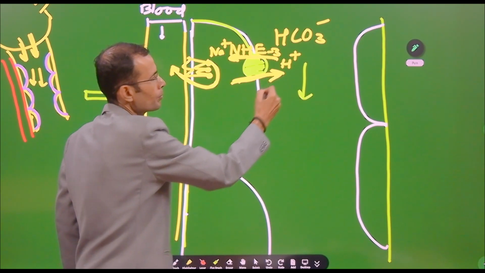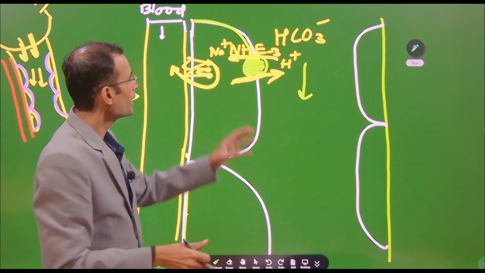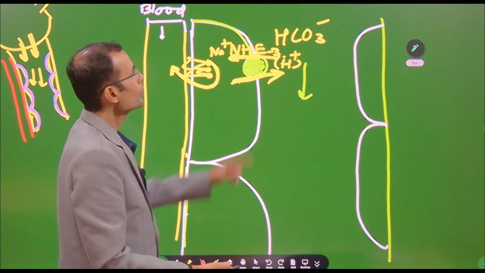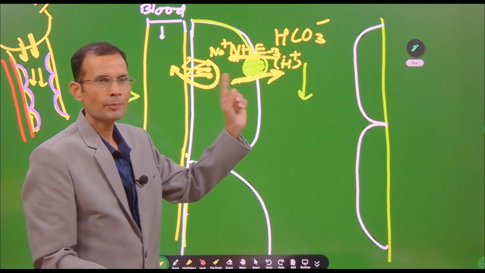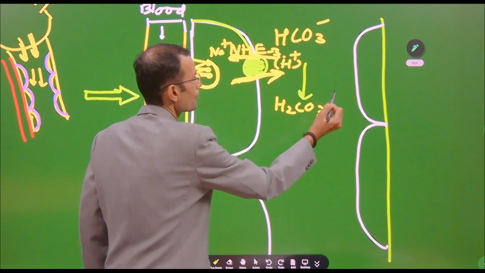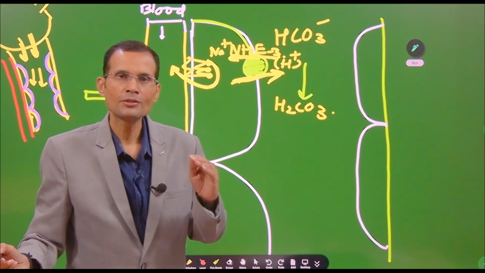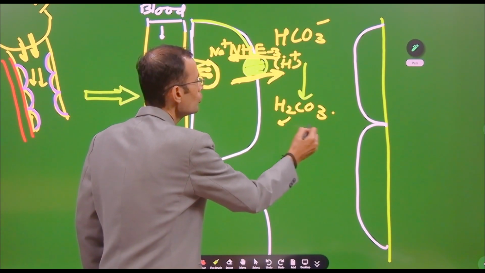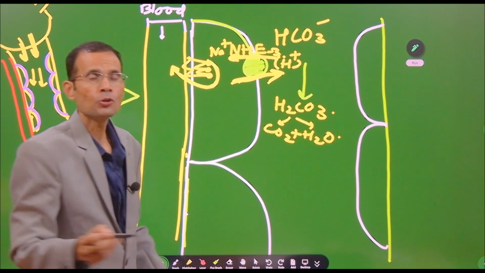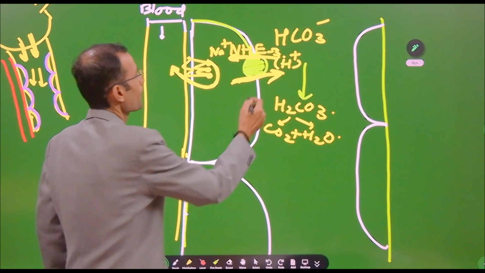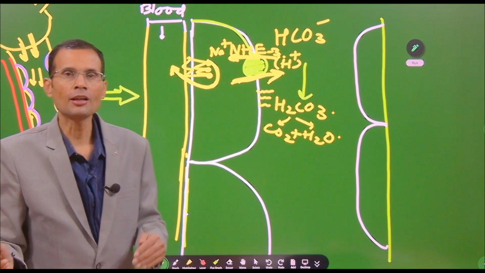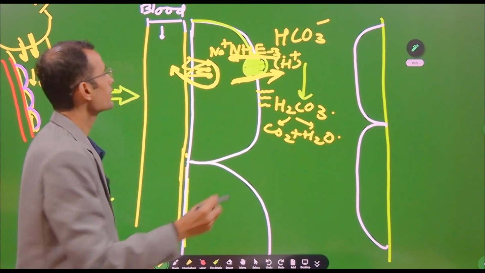Now the main focus is on this side. This H plus which was secreted will combine with the HCO3 minus, bicarbonate, to form H2CO3, and this will split into CO2 and H2O. So how was this possible? Well, there is an enzyme, which is what we are mentioning, the carbonic anhydrase enzyme.